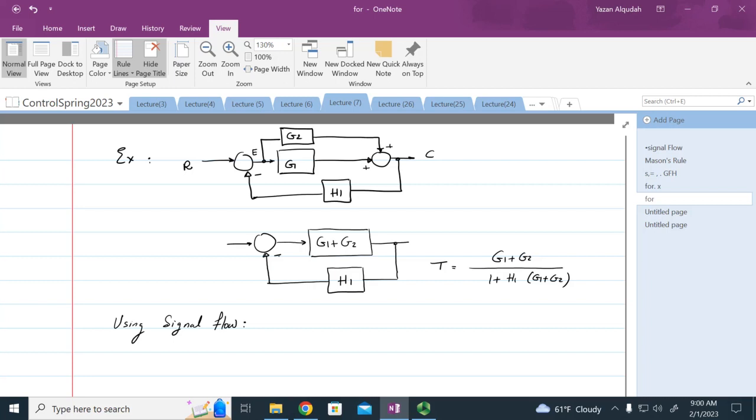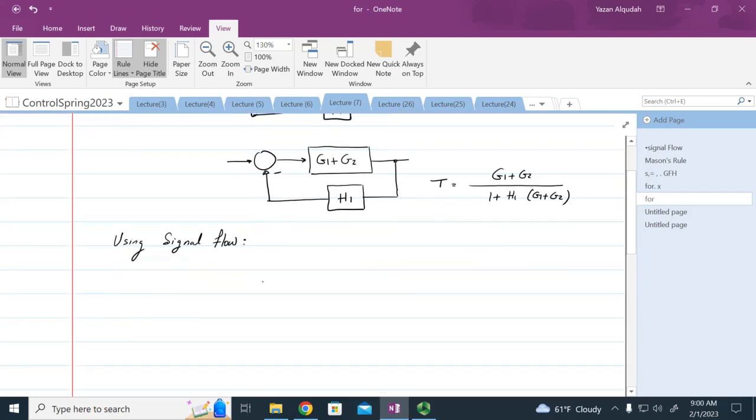Okay, I'm going to plot the signal flow for you. First step, if you've done that, what does the signal flow look like? We have an R, G1, G2, and negative H1, and this is just a 1 and a 1.